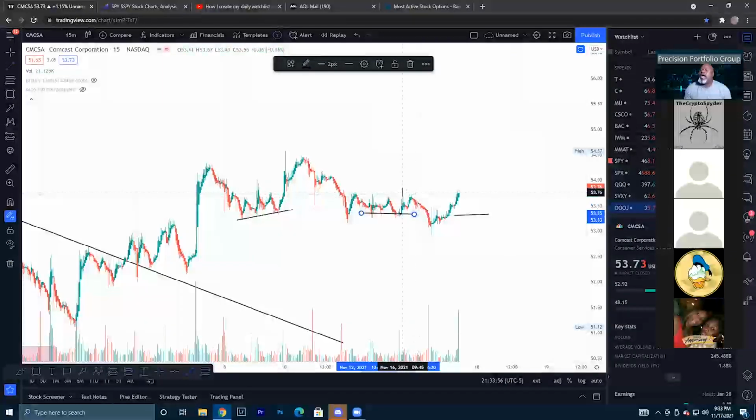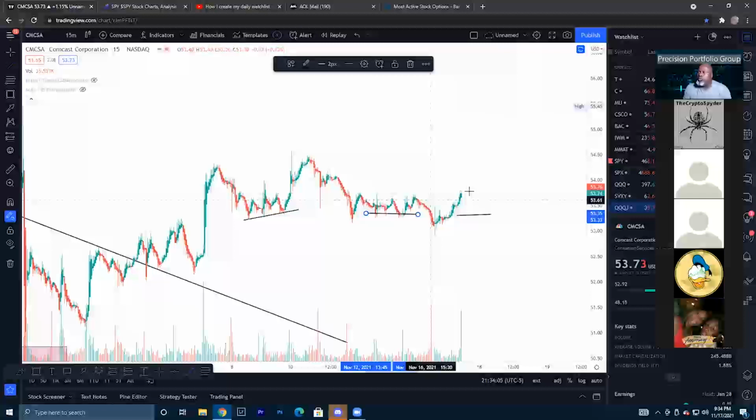Okay, so what I would look for personally, I see this support level. I want this price on this day. Let's say we play this tomorrow. I want to see this price, and there's two things that can happen.